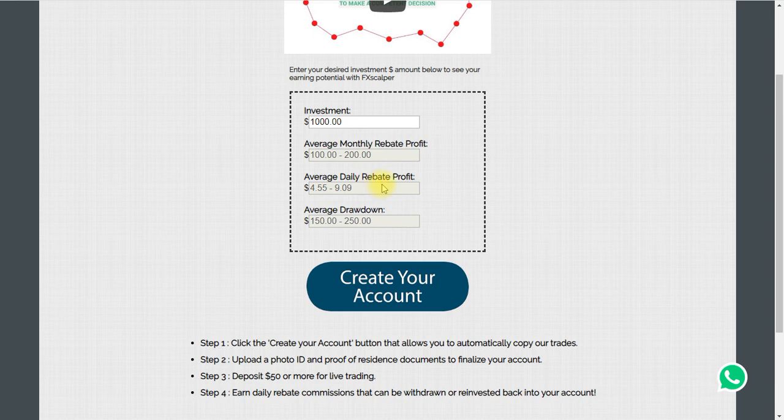Like I said, it's not going to set the world on fire every single day. You're getting $15, $20, $30, things of that nature when you put in this thousand. But keep in mind, the more you compound it, of course, the more this number is going to go up on a daily basis. So you determine when you want to start pulling out of the platform, when you get to a daily amount that you're comfortable with.